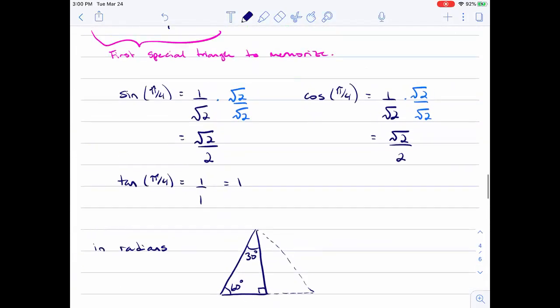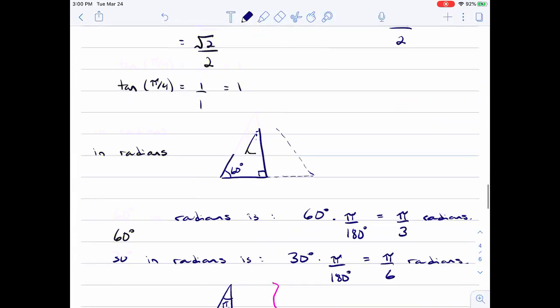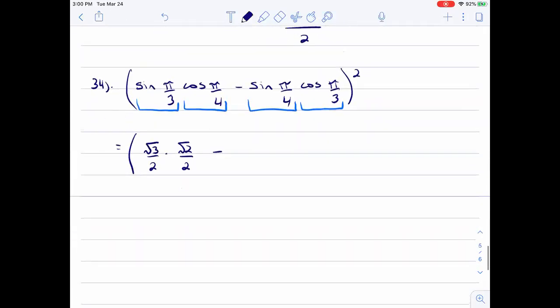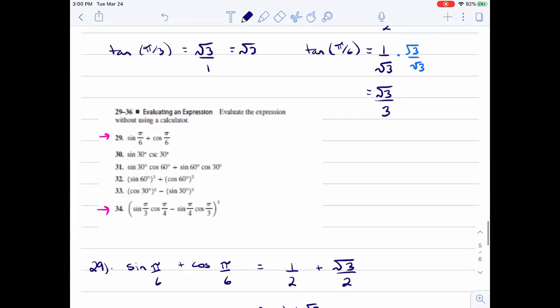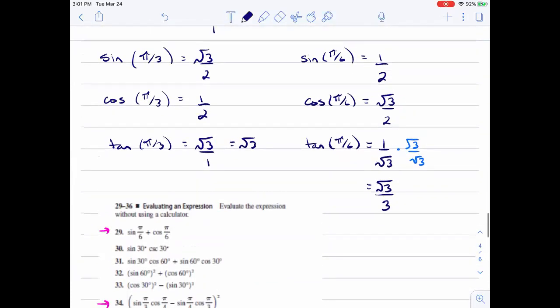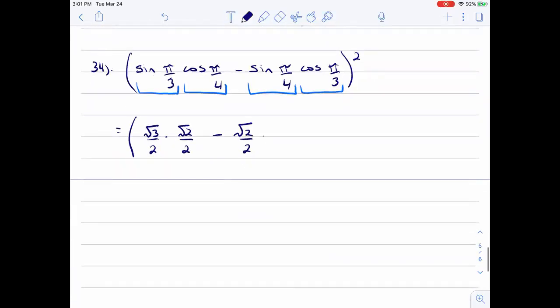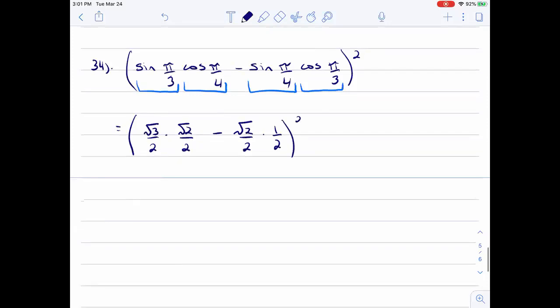The sine of pi over 4 is root 2 over 2 as well. Times the cos of pi over 3. Cos of pi over 3 is 1/2. Times 1/2, all squared.